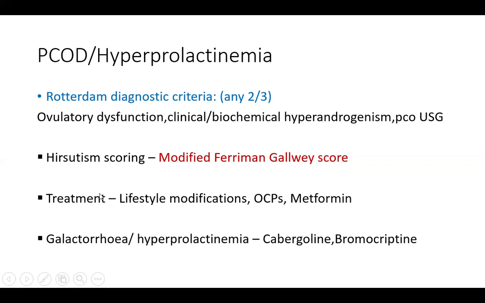For hirsutism, the scoring which is used is the modified Ferriman-Gallwey score. The treatment of PCOD is mostly lifestyle modifications followed by oral contraceptive pills of different combinations, and metformin if there is insulin resistance. For galactorrhea or hyperprolactinemia, the treatment is dopamine agonists, which are cabergoline and bromocriptine.